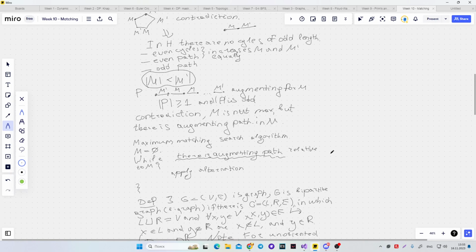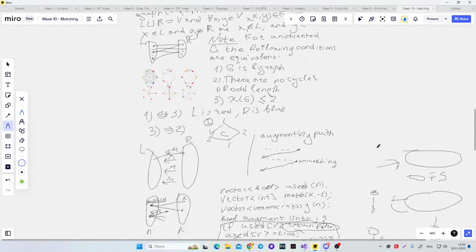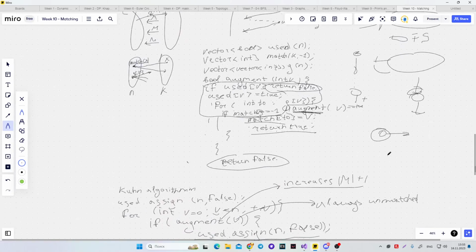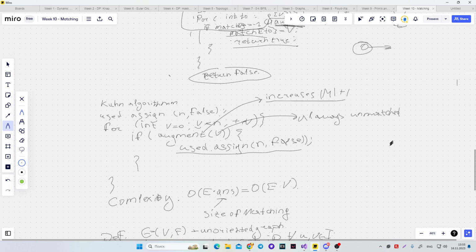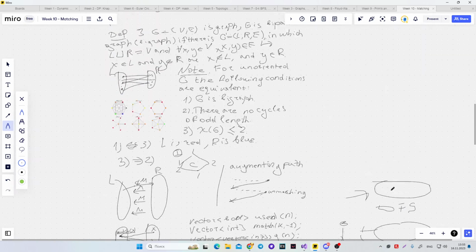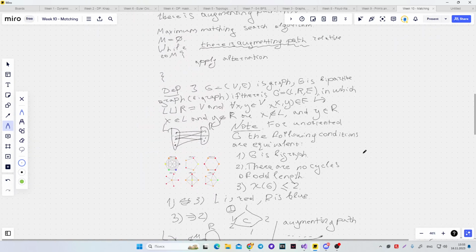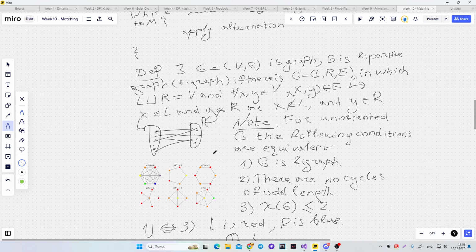We just want to increase our matching until there is no augmenting path, and we considered the Kuhn algorithm that works only for bipartite graphs.